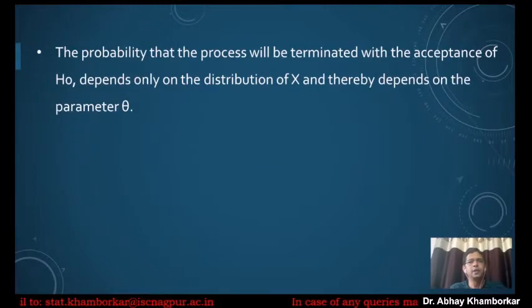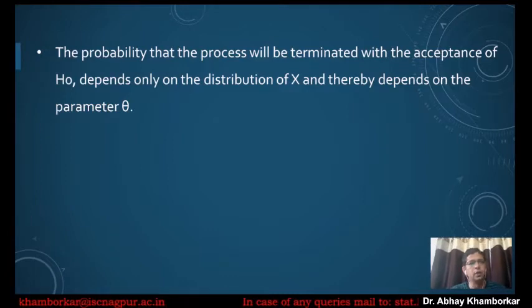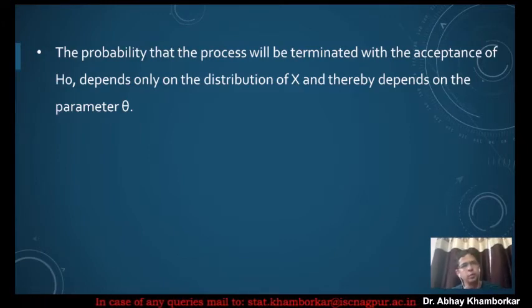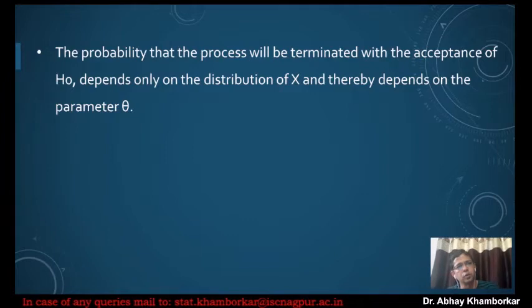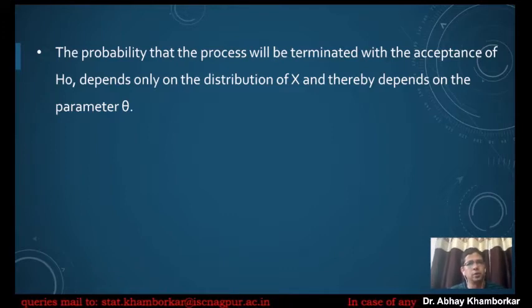The probability that the process will be terminated with the acceptance of H naught depends only on the distribution of x, and thereby depends on the parameter theta. As I just said, theta being an indexing parameter, the distribution of x is going to depend upon the parameter theta, and therefore the probability that the process will be terminated with the acceptance of H naught, which naturally depends on the distribution of x, also depends upon the parameter theta.